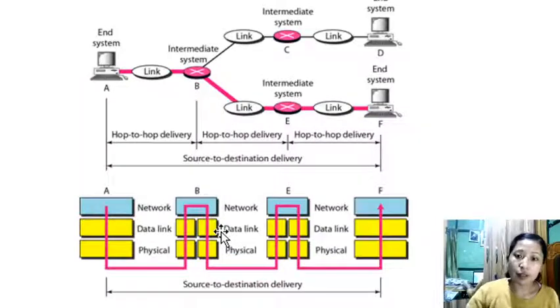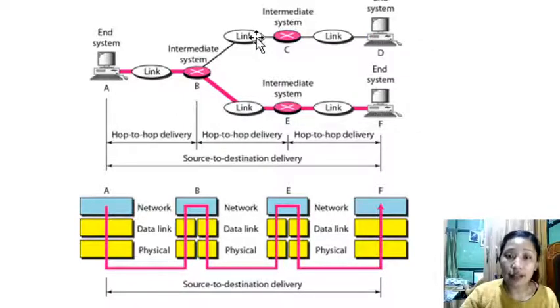Let's say that device A needs to send a message to device D. First of all, in this entire network, which is a very big network, the destination device D needs to be uniquely identified. Based on that, the message will be communicated, and the path to reach that destination device will be identified.